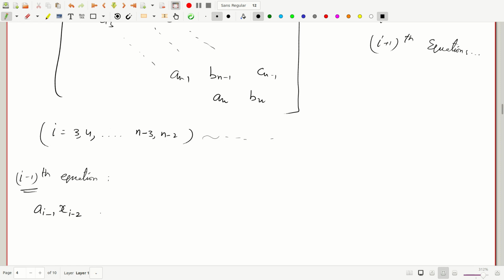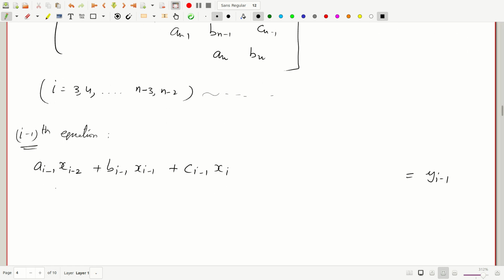Now the ith equation would be ai xi minus 1, plus bi xi, plus ci xi plus 1, equals yi.